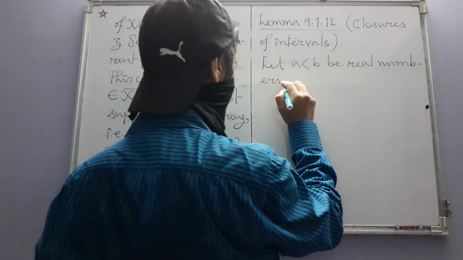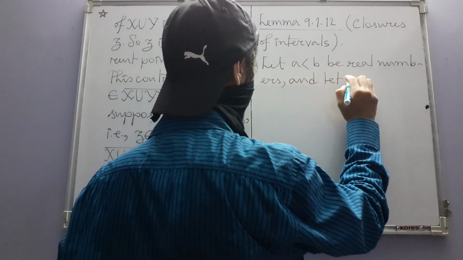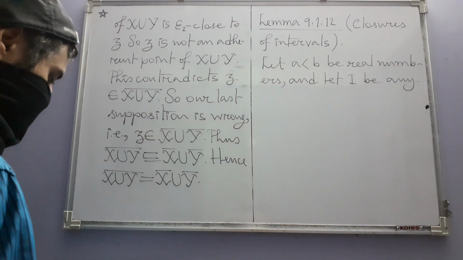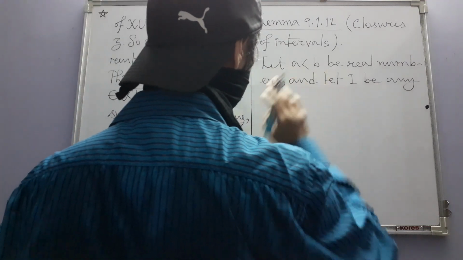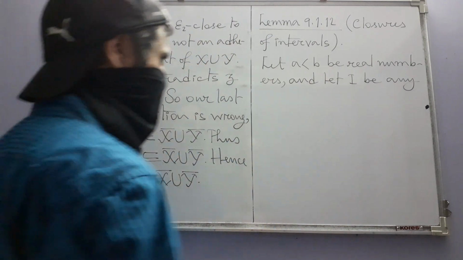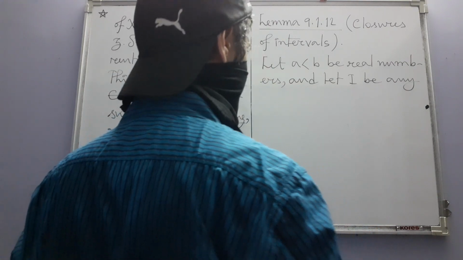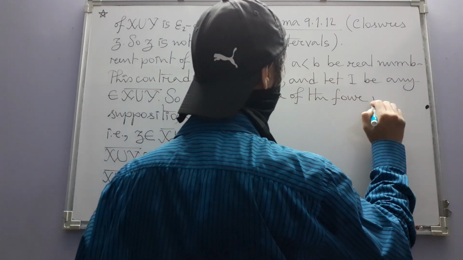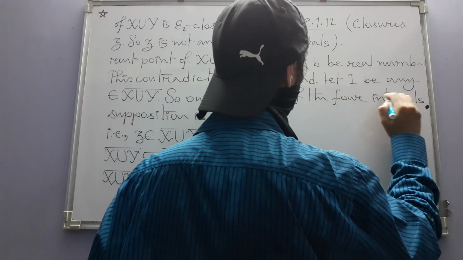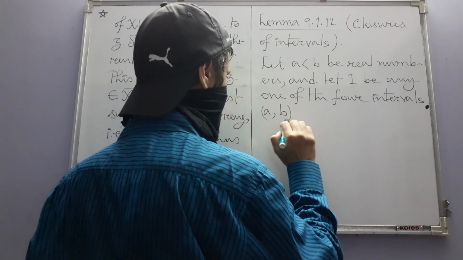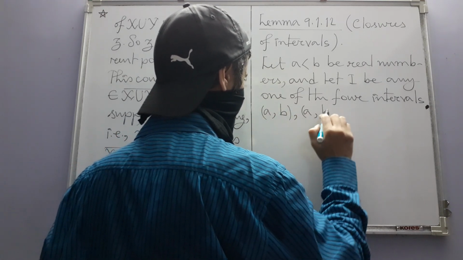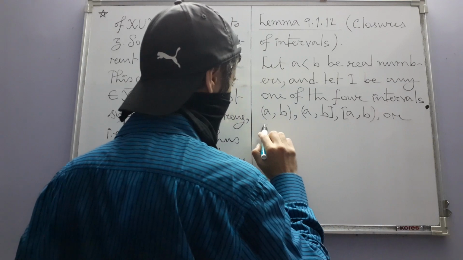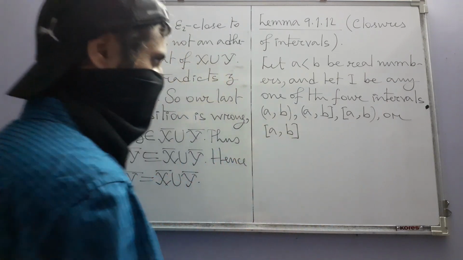And let I be any one of the four intervals that you can think of that has A and B as its endpoints: open, the two half open, and the closed.